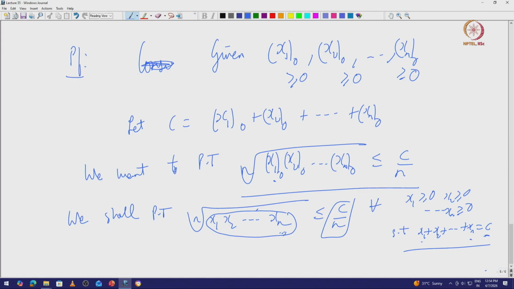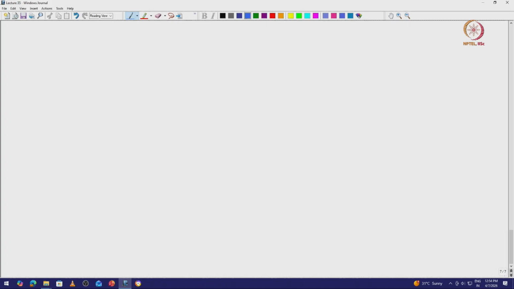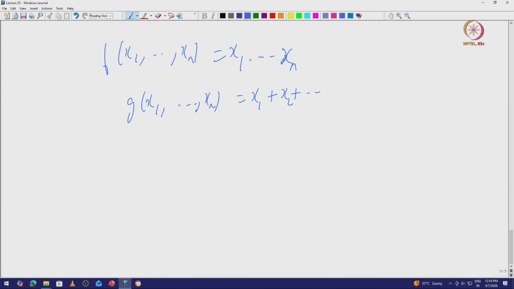So consider f of x1 to xn as this, and g of x1 to xn as this function. These are smooth functions, of course, on all of Rn.